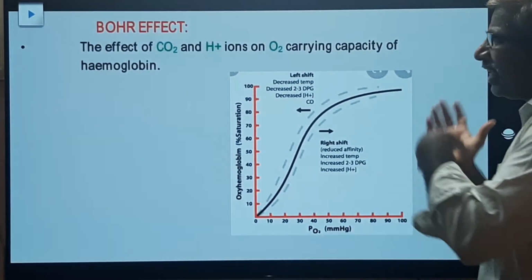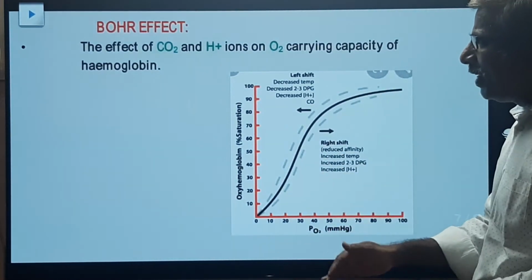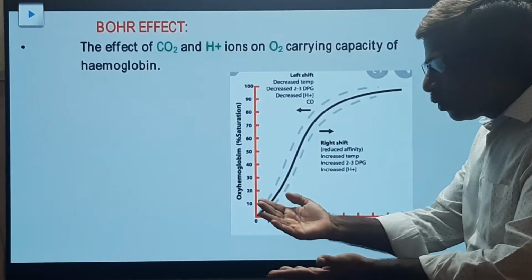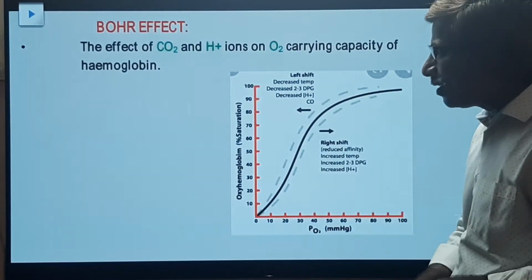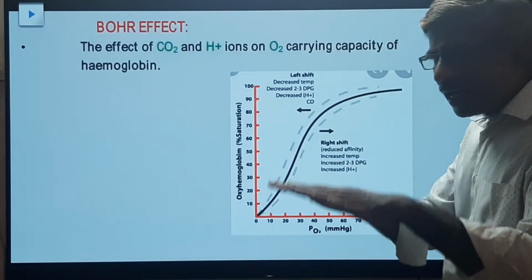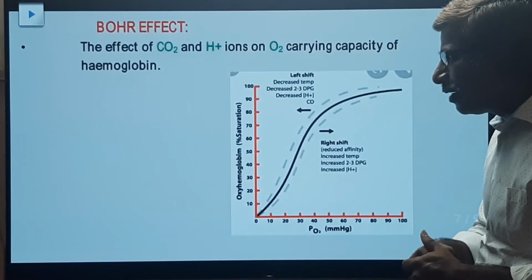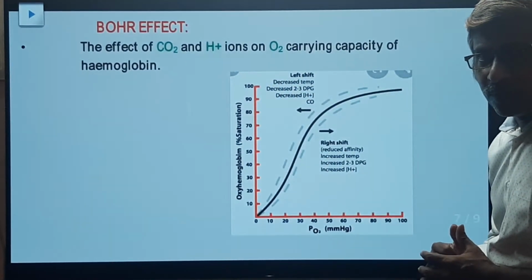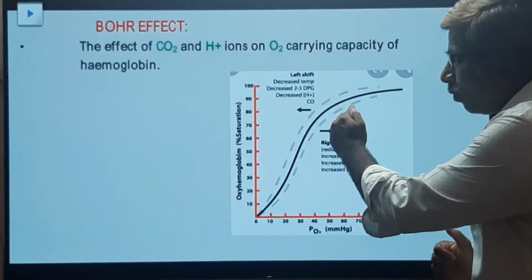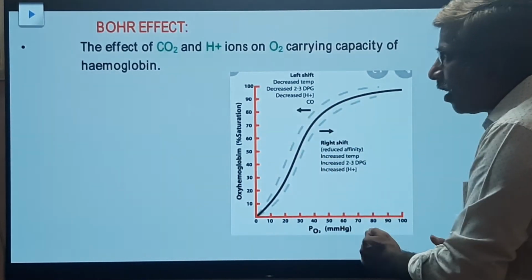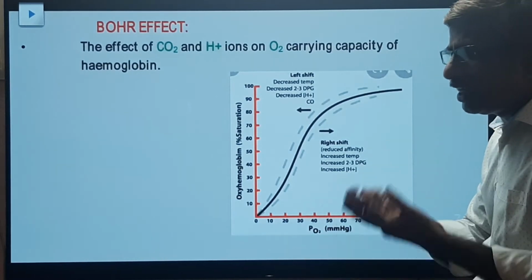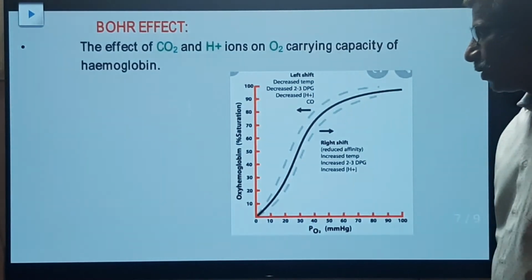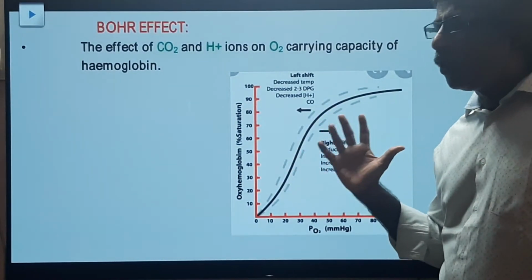And in certain other conditions, means decreased temperature, increased pH value, decreased H plus ions, decreased carbon dioxide partial pressure, the curve shifts towards the left side. The curve can move to the left as well as right based on these factors, specifically carbon dioxide, temperature and H plus ions. This is called the Bohr effect.